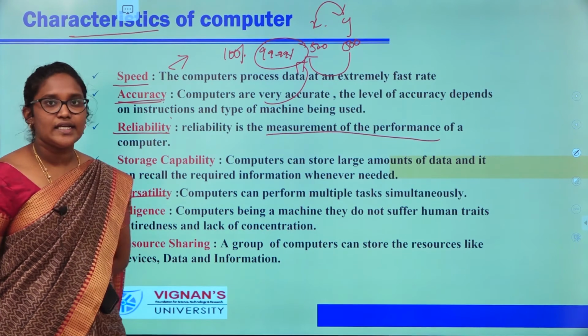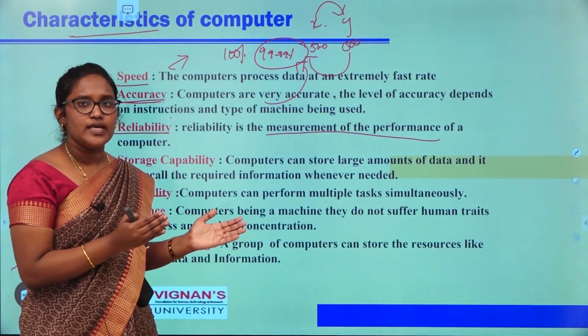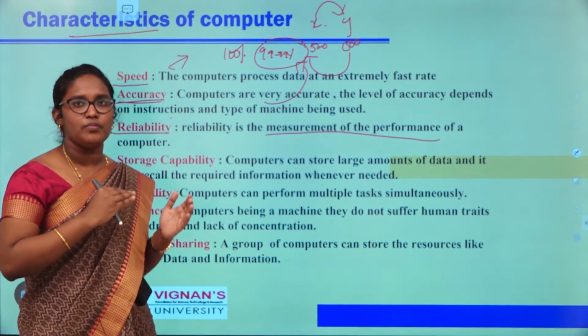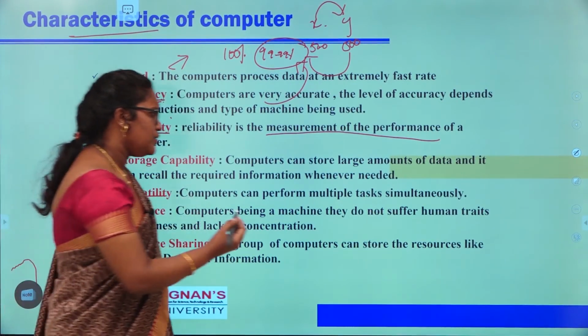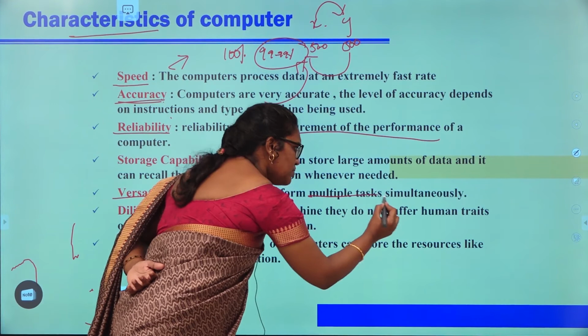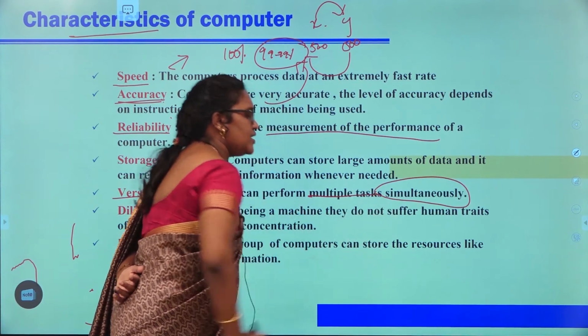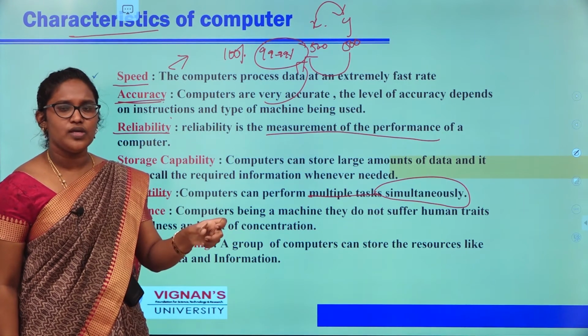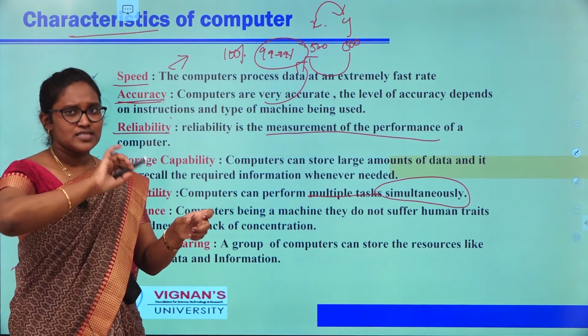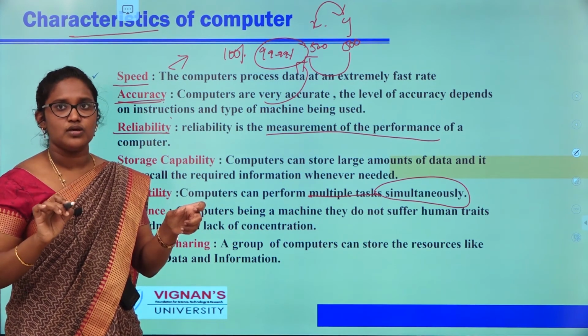Next one is versatility. Versatility means the computer is capable of performing multiple tasks simultaneously. Simultaneously means when I am doing one work, at the same time I am doing another work also.